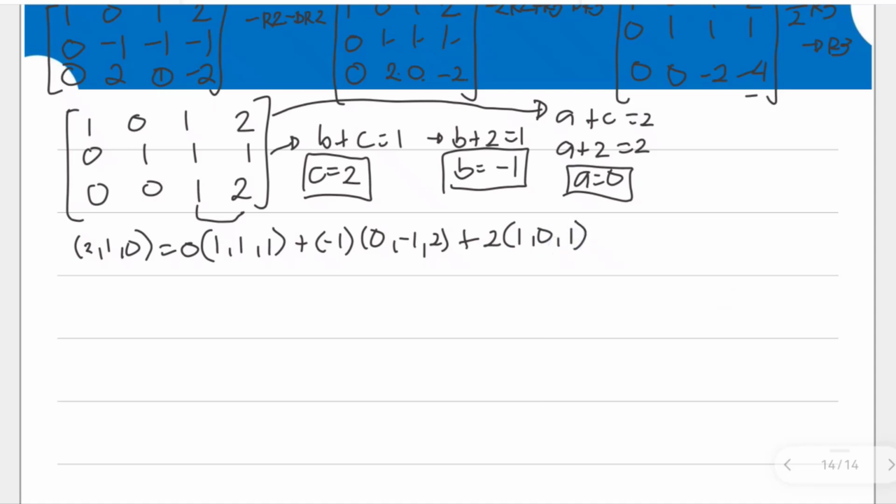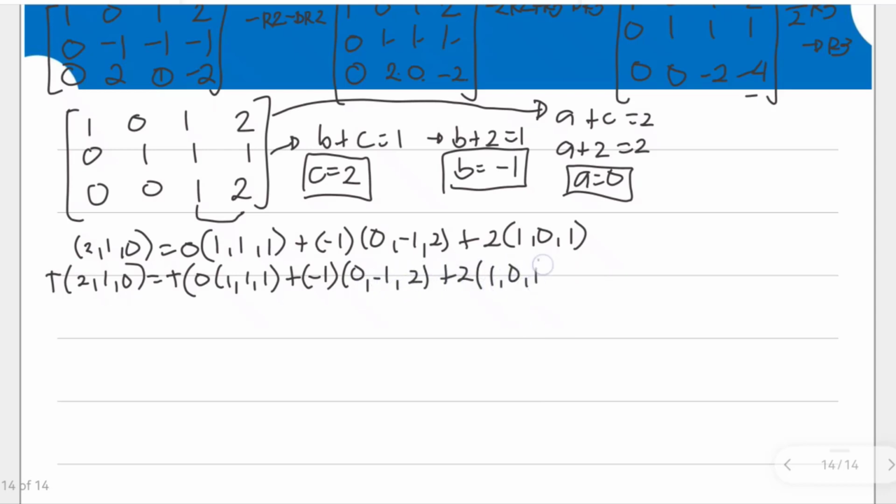Of course, you can always check whether these coefficients are correct. But the point here is this. Once you take the linear transformation of this, you're also going to take the linear transformation of this entire expression on your right hand side. Negative 1, 0. So that's negative 1, 2 plus 2, 1, 0, 1.